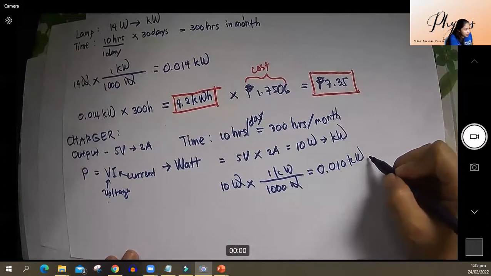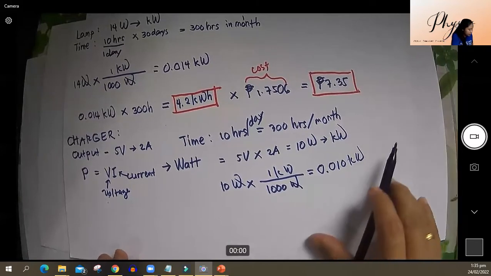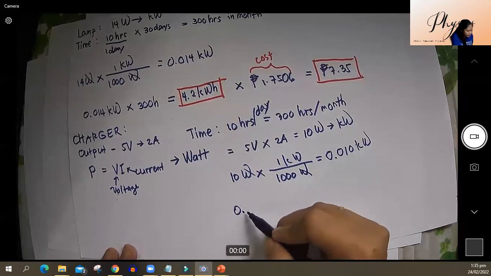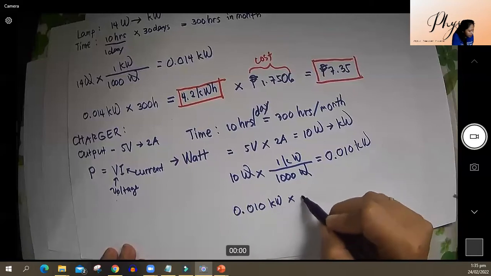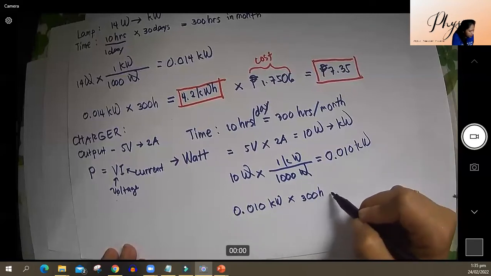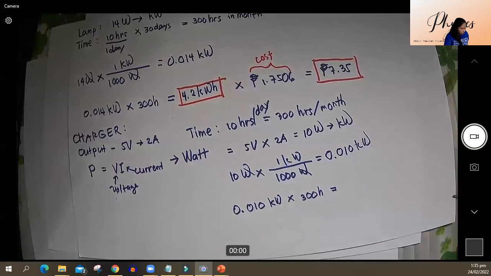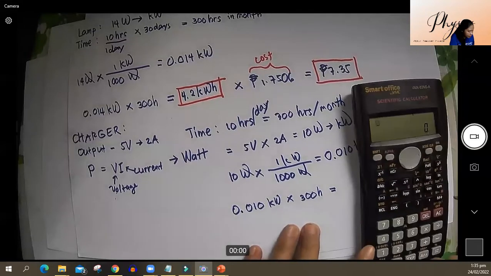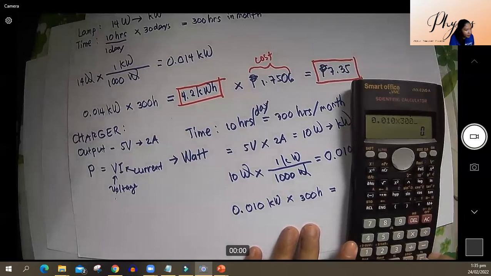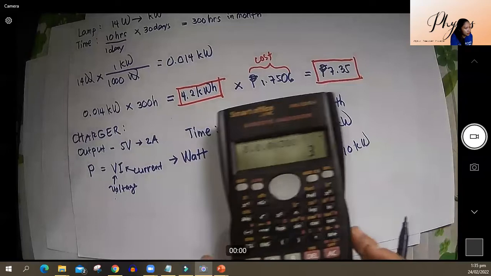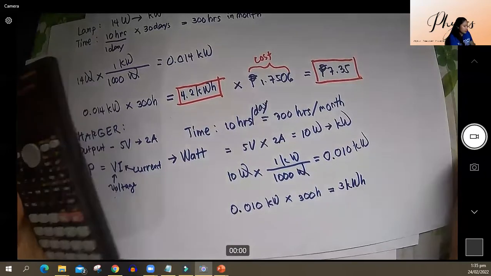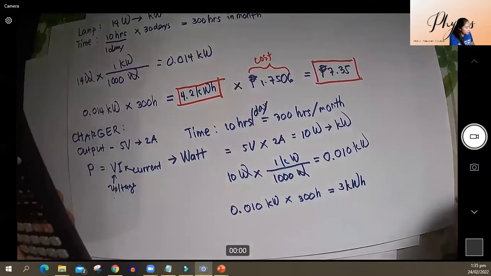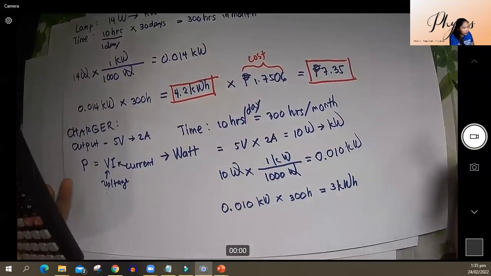So we will multiply this with 300 hours. 0.010 kilowatt multiplied by 300 hours, that will give us 3. So this is now our kilowatt hour in 30 days, in 1 month, for charging the phones.